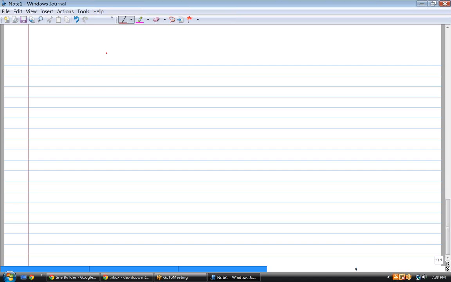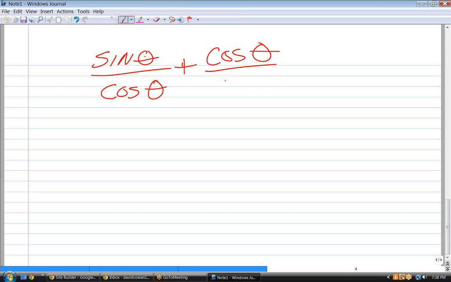So what's the third one you have? I got a pretty good one here. Sine of theta over cosine of theta plus cosine of theta over sine of theta equals cosecant of theta times secant of theta.